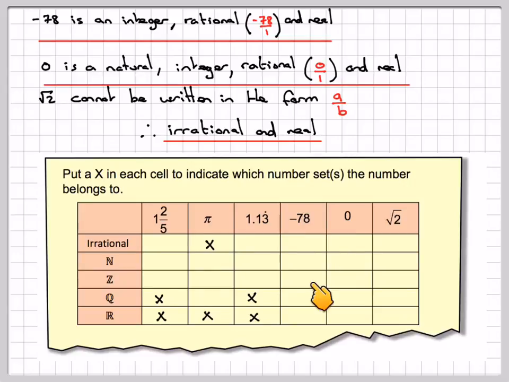Minus 78 is an integer, and because it's an integer, it's also a rational number and a real number. 0 is a natural number for the IB, and therefore it's also an integer, a rational number and a real number. And finally, root 2 is irrational, therefore it cannot be any of these, and it is also real.